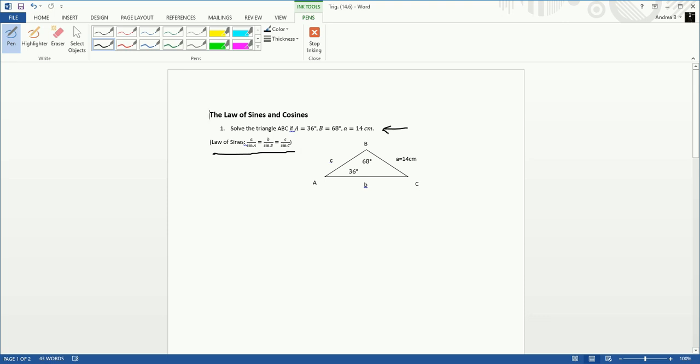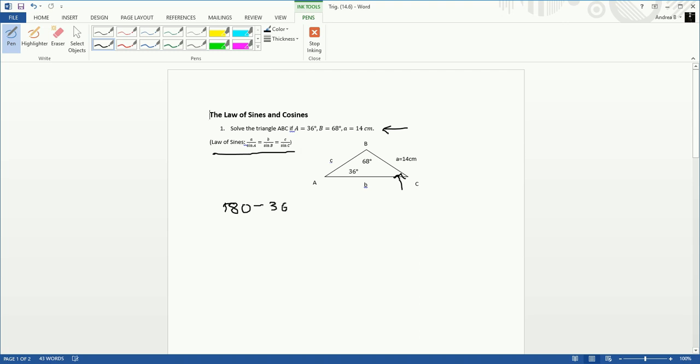So here, first of all, if we're going to figure out this third angle, angle C, remember all the angles inside of a triangle have to add up to 180 degrees. So the easiest way to go about that here is to do 180 minus and subtract off the two angles we already know.